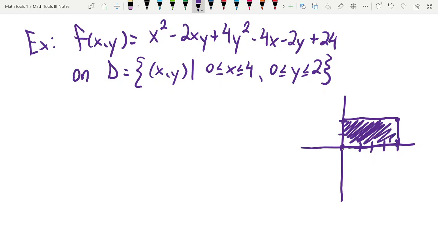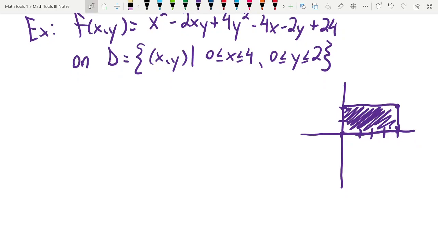Basically we need to check every point along this line, every point along this line, every point along this line, every point along this line, including all those corners. Those, along with the critical points, will all be candidates for our global maxes and mins. Obviously we can't check every point because there are infinitely many. So we're going to have to use ideas like, well, z is increasing on this axis and stuff like that. But we'll get to that.